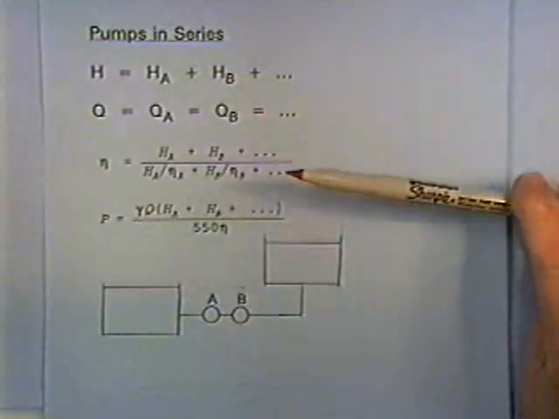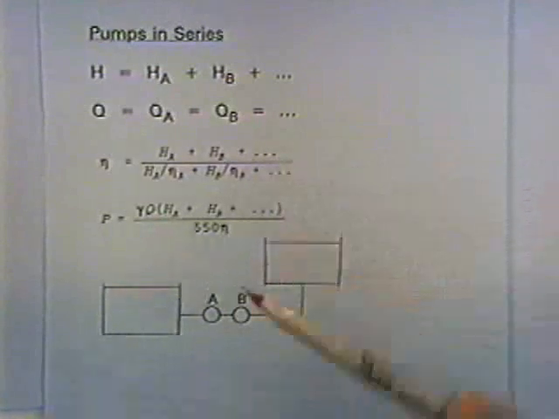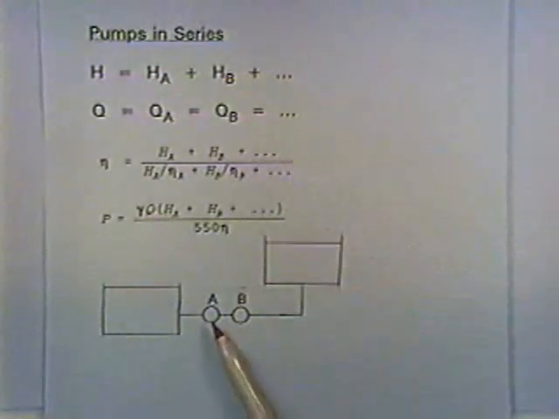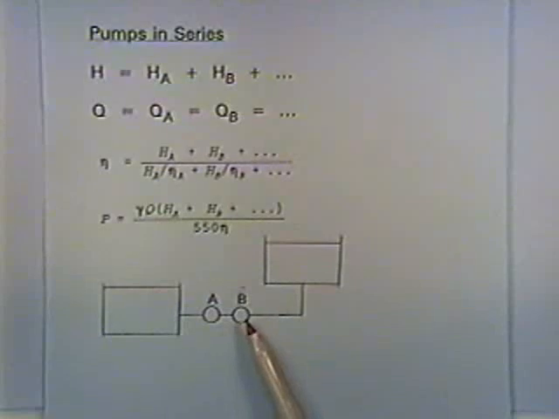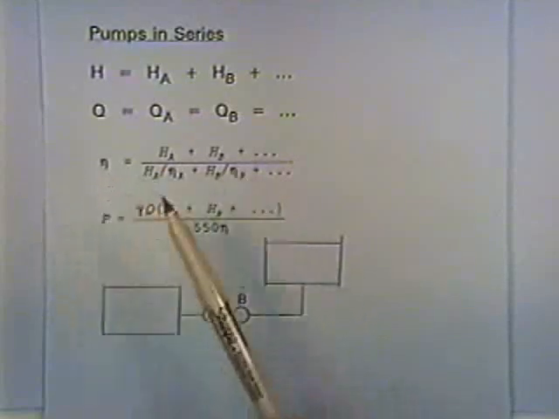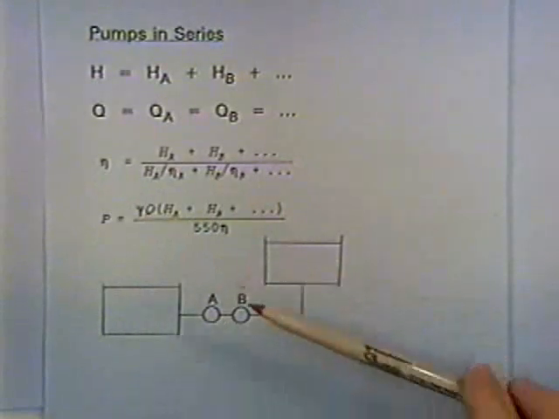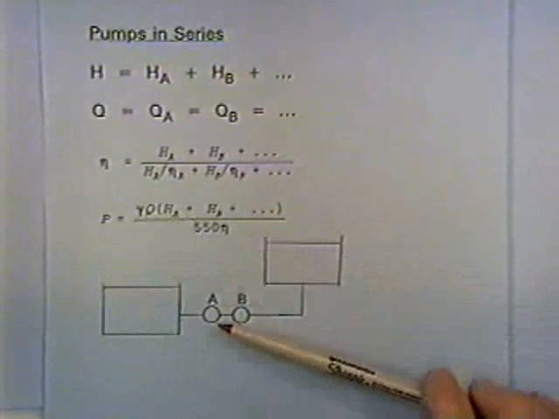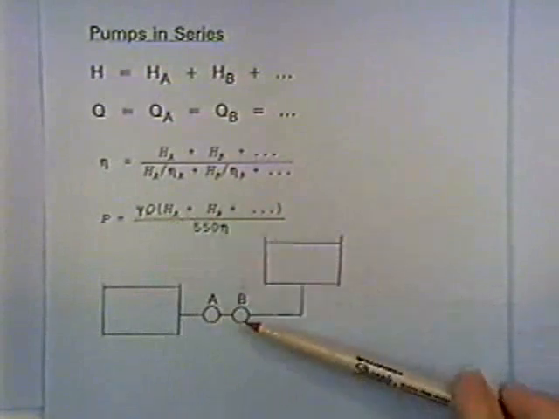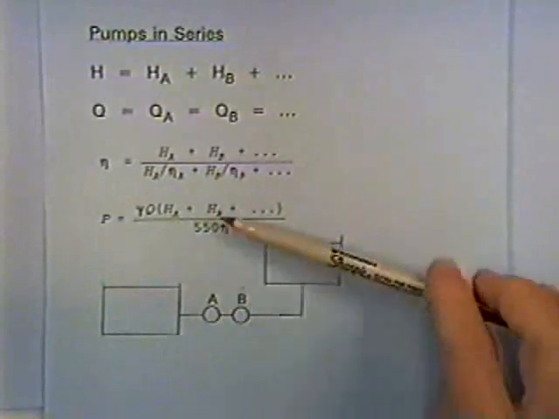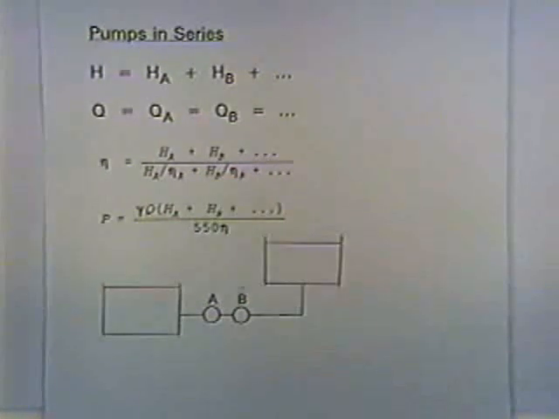And there's also relationships where, if you know the efficiency for pump A and the efficiency for pump B, you can get the average, the combined efficiency for both pumps working together. And for the power, if you know the head being overcome by pump A and the head being overcome by pump B, you can plug that in to get the power.